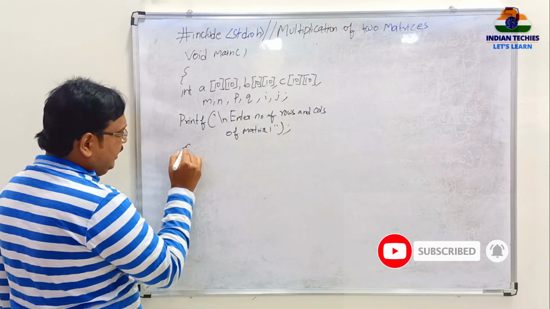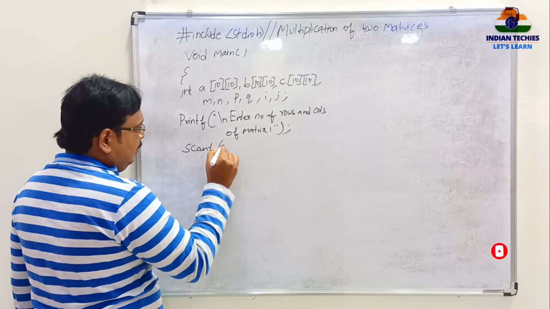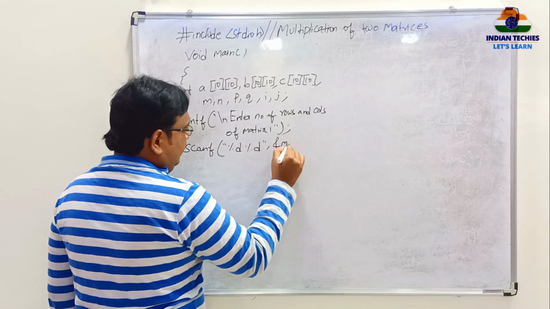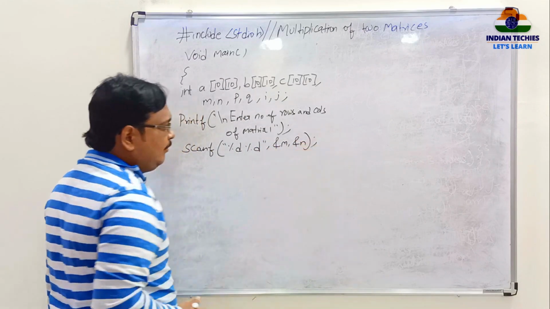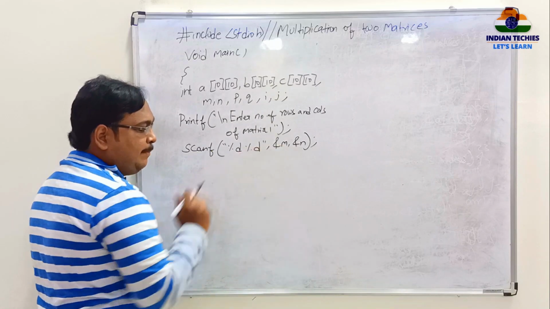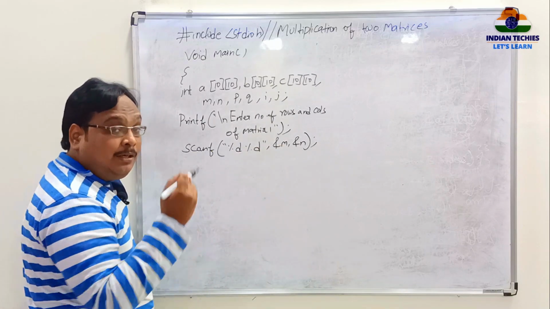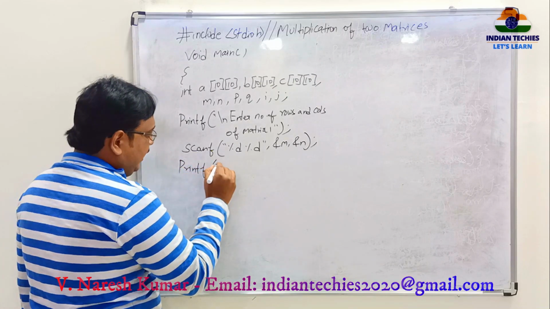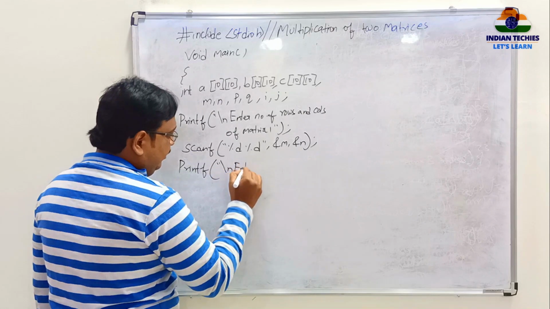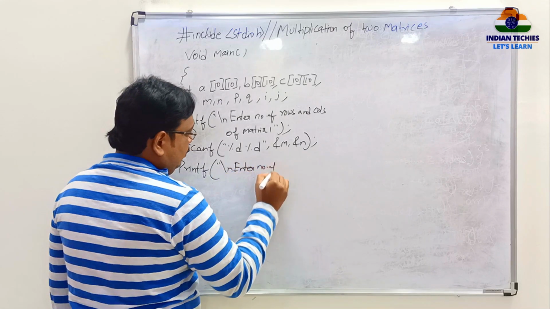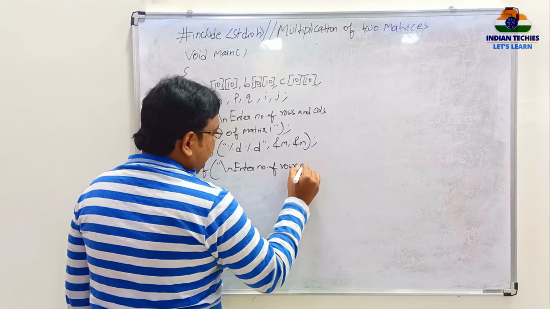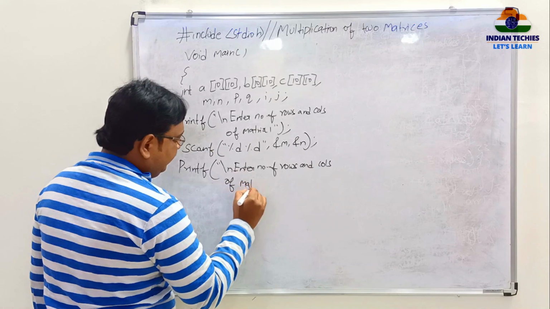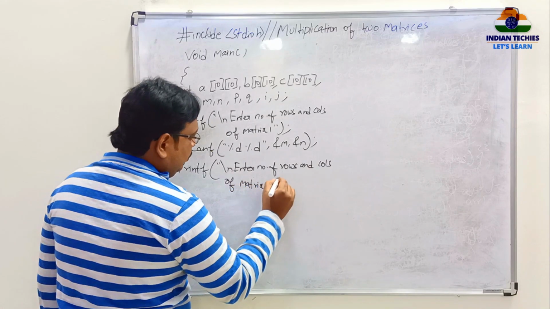Next, take input, that is scanf("%d%d", &m, &n), the number of rows and columns for matrix A. In the same way, take input for the second matrix also: printf("\n"), in the next line, enter number of rows and columns of matrix 2.